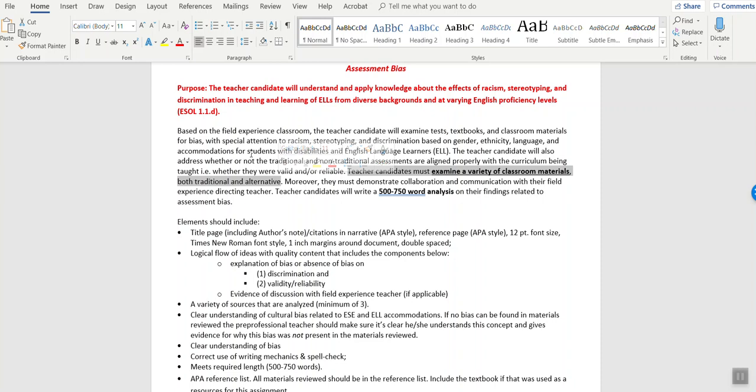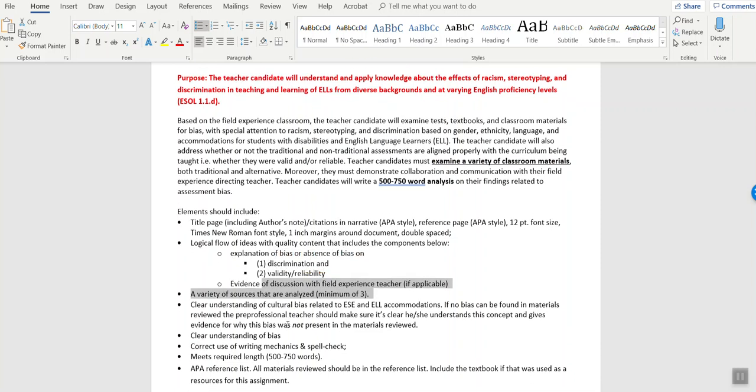You can look through textbooks or pre-made assessments. You can look through DIAs. Getting a piece of paper, a worksheet that has kids solving, adding and subtracting fractions, and there's no words on the page other than the directions, is not going to help you with this assignment. You need something that has some meat and some content. So you've got to have at least 3 sources. That is down here. Make sure you cover that.